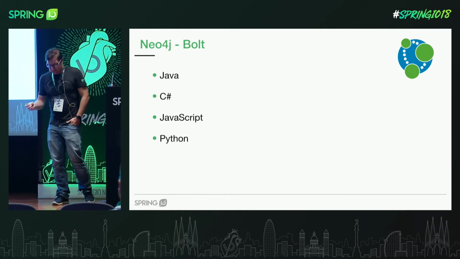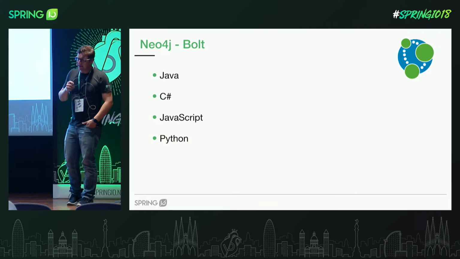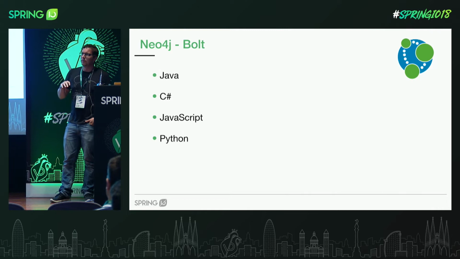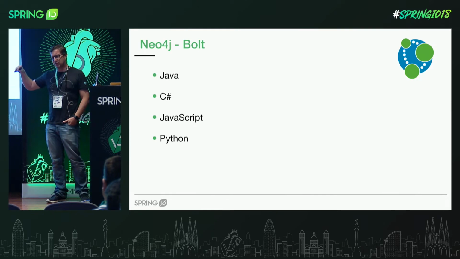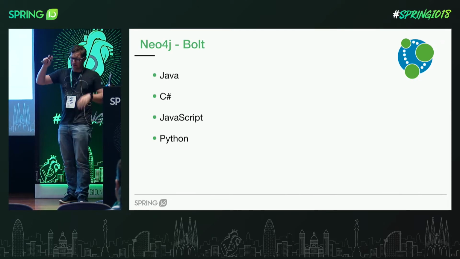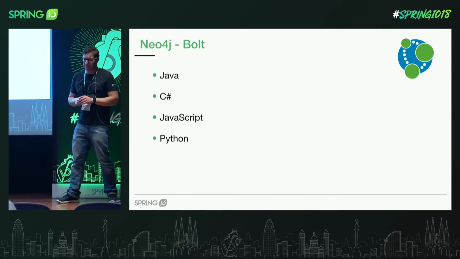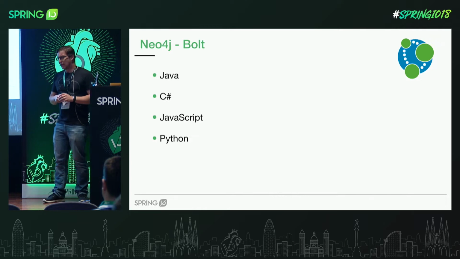Let me stick to the drivers for a minute. The current plan is that we draw a line for server connectivity and server communication, and the business logic in the drivers will be implemented in C.